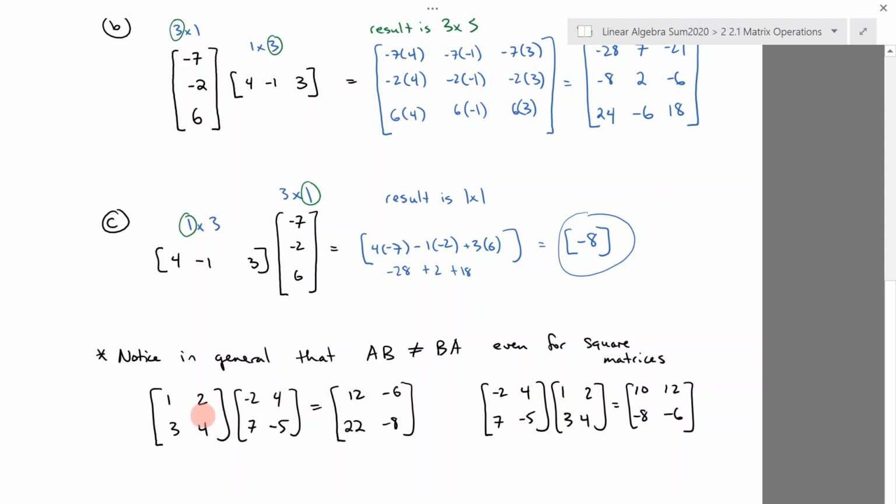And when you multiply these two matrices, this is the result. And then if you reverse the order, so here, let's call this A, and this is B. This is B, and then now A, right? If you reverse the order, in general, the product does not give you the same result. So matrix multiplication is not commutative.